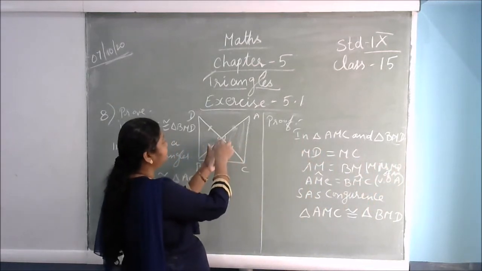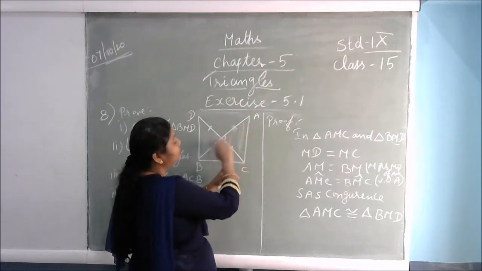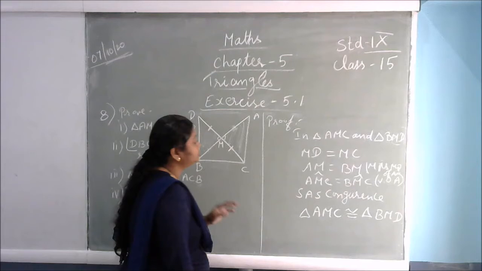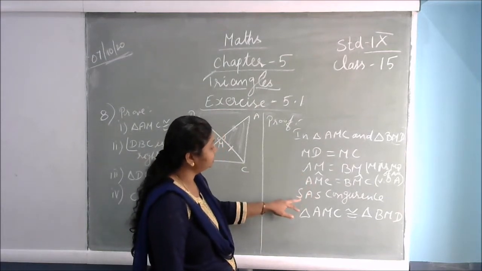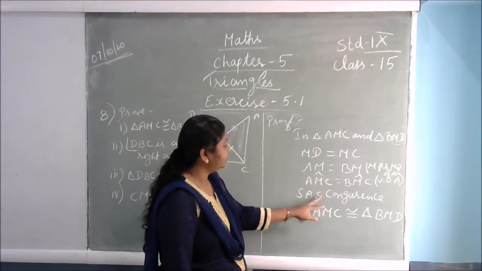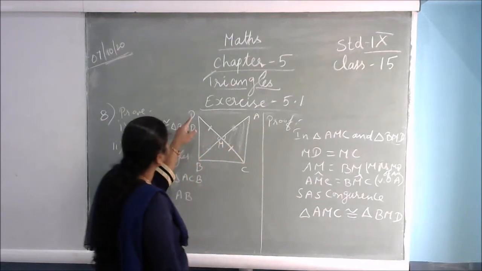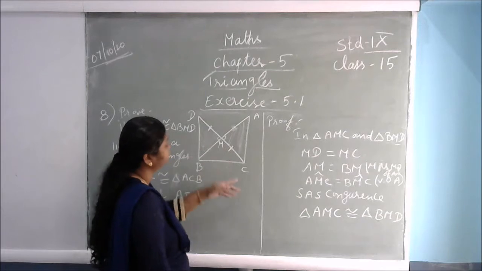That means the point is in the middle, so this side and this side are equal. Let's say AM is equal to BM. Two sides are equal and one angle is equal, which means automatically it's SAS. One angle, two sides, SAS congruence we proved. That's why automatically triangle DMB is congruent to triangle AMC.